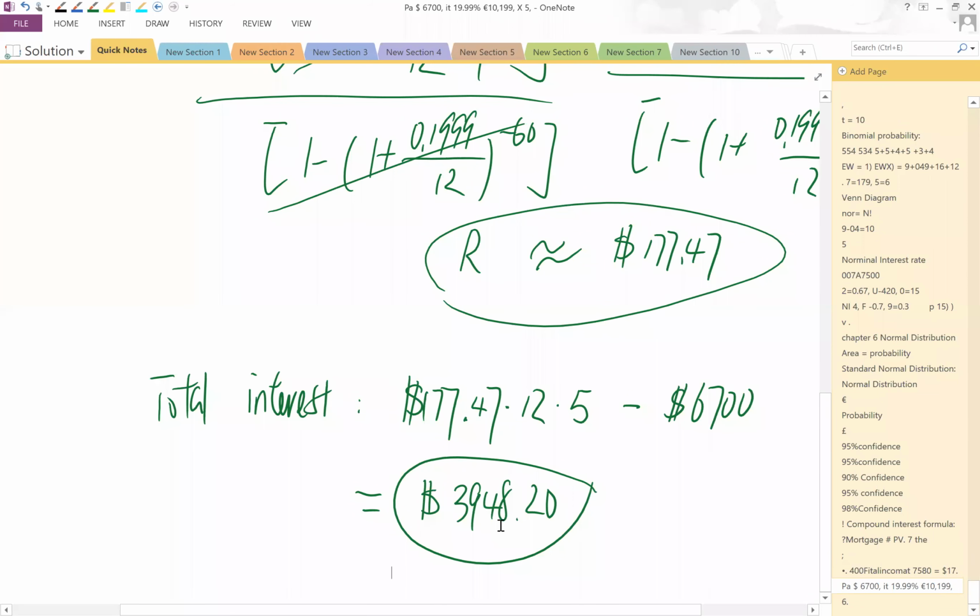It's $3,948.20, right? So then the saving will be the difference between those two.